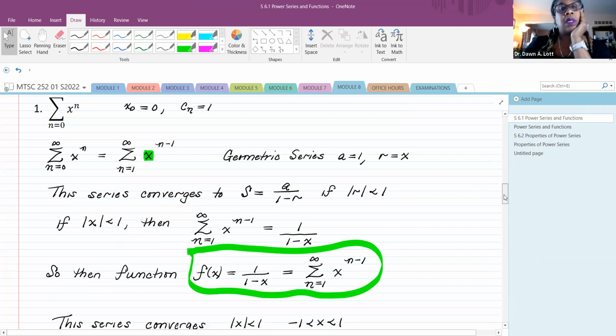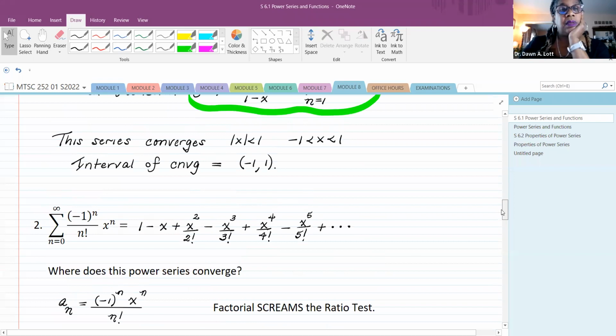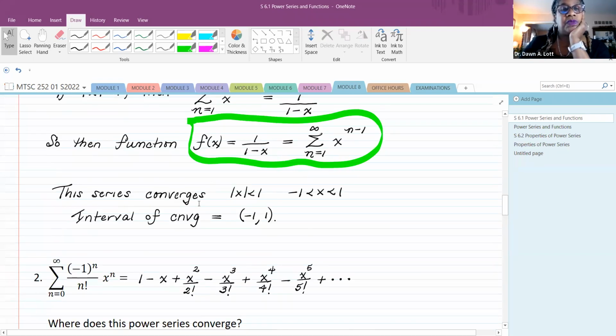Because a is equal to 1 and r is equal to x, it'll converge if the absolute value of r is less than 1, and it'll converge to 1 over 1 minus r. So we got our first series representation of a function. Then we said that it converged on the interval -1, 1. And if we go back now, we can even say its radius of convergence is 1. So we can go back and say that.